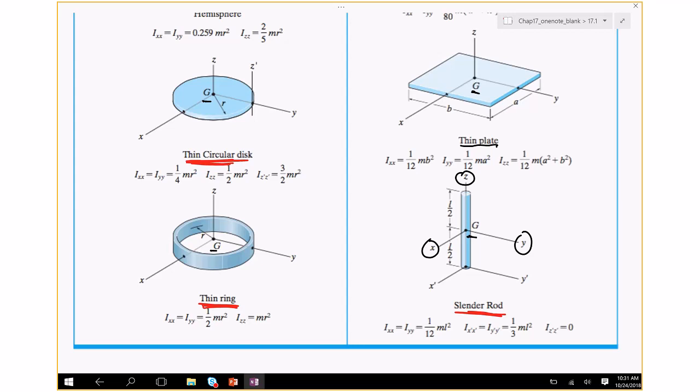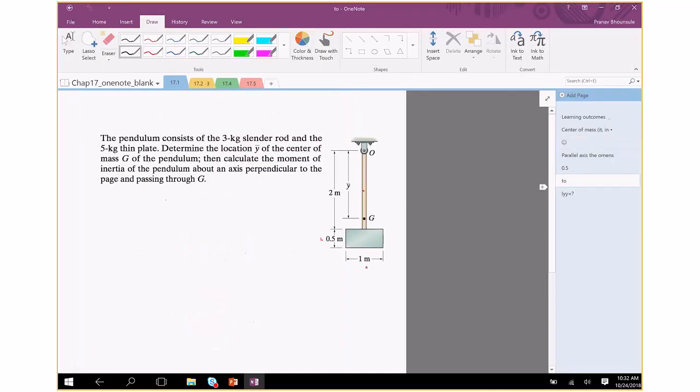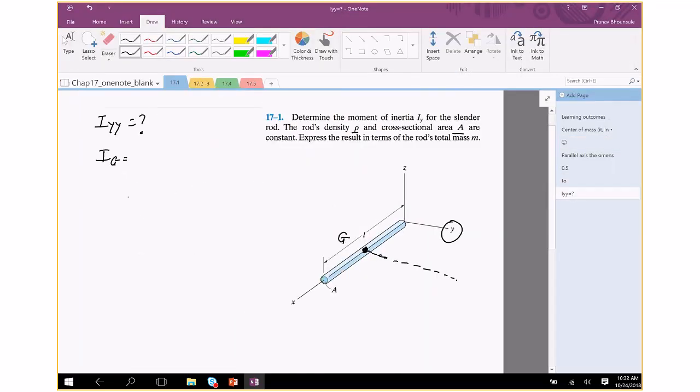They are the same inertia. It's not Z because Z denotes rotation about this axis. But X and Y denote rotation about that axis. That's what we're interested in. So Iy is 1/12 ml squared. So IG about the y-axis is 1 by 12 ml square.